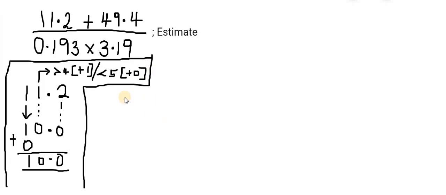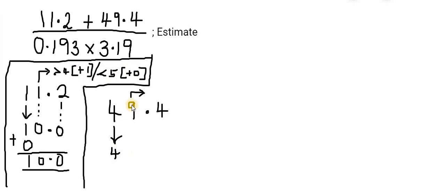Okay? Now, we have 49.4. Bring down the first significant figure, which is 4. Before we close out, we check the number just after that. If it's greater than 4, we add 1 to the previous number. If it's less than 5, we add 0 to the previous number.